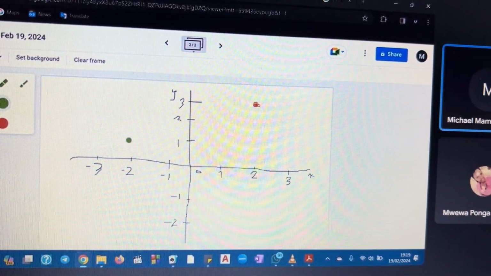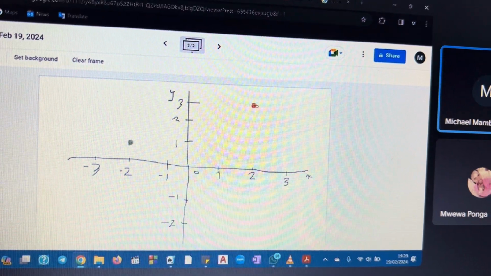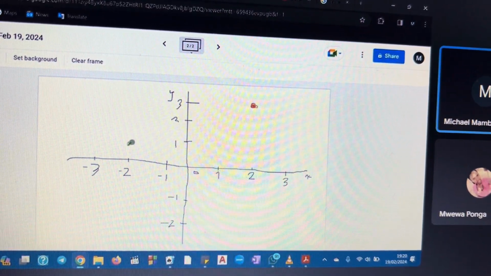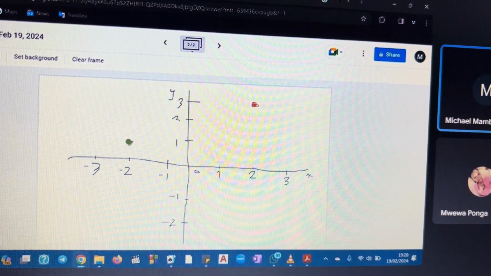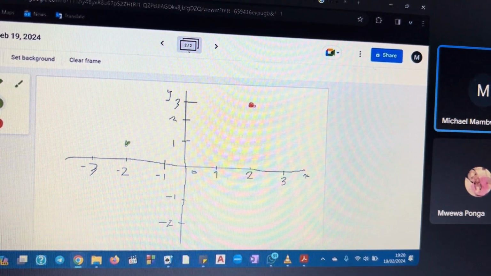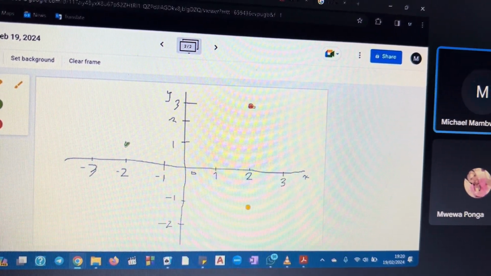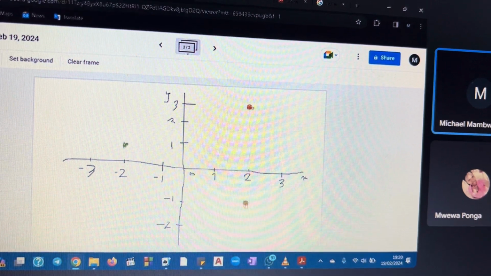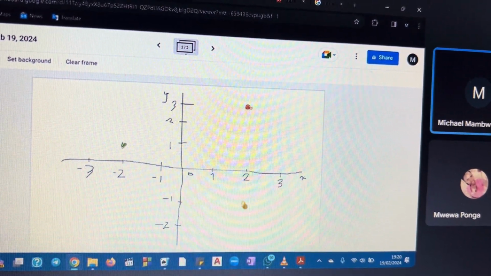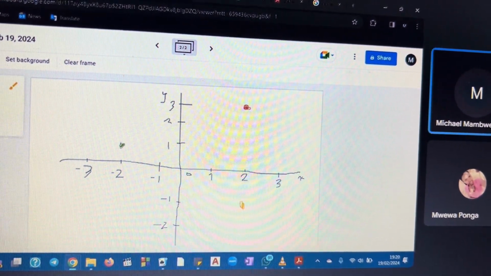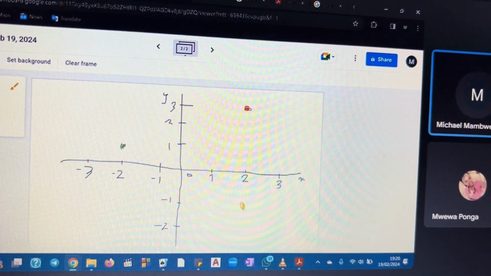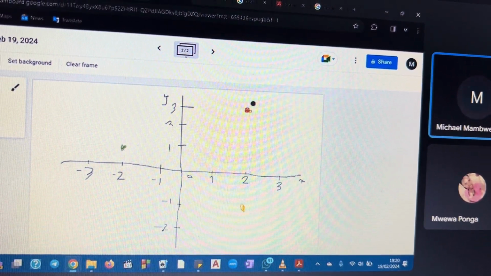Another point here. And another one maybe here. And let me even go ahead to describe these points using the coordinates.